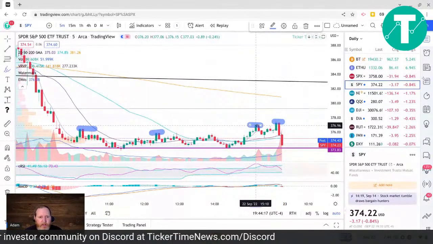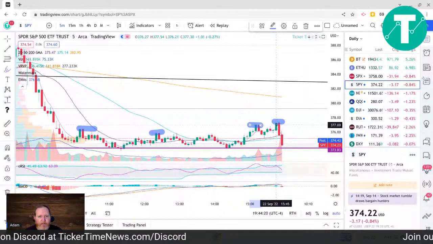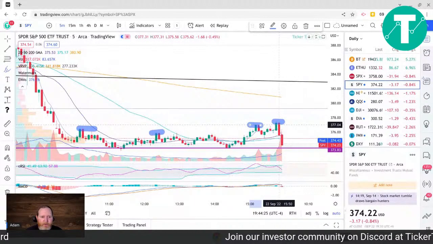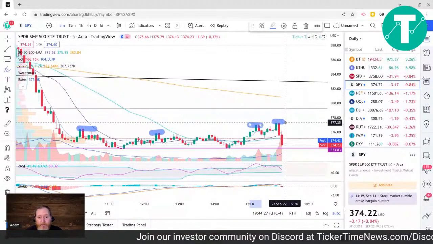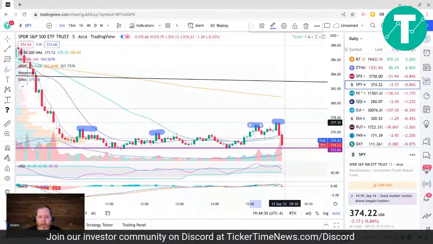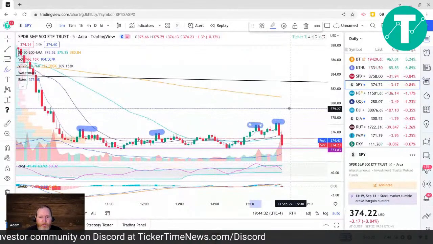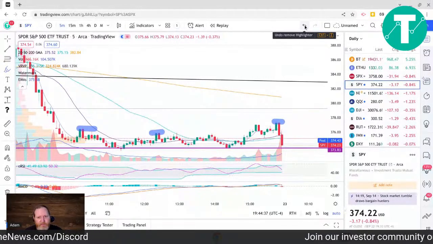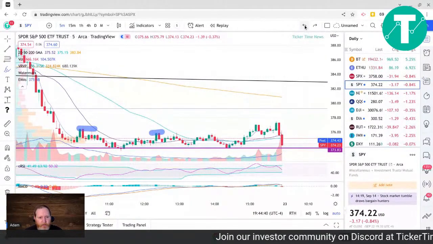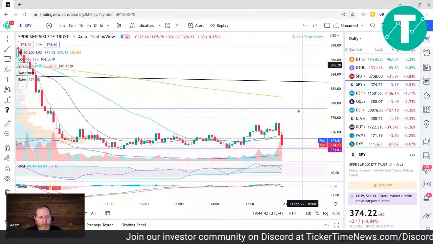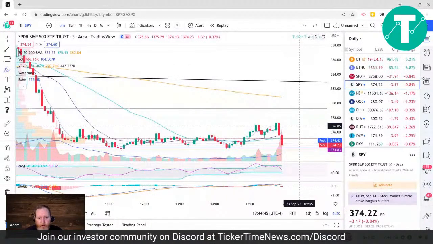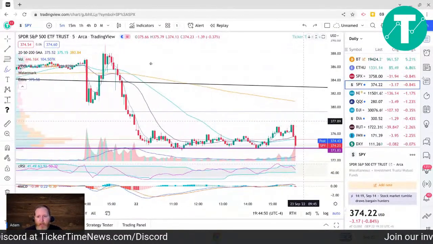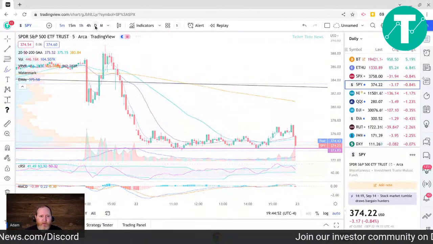This was 376 and 377. Getting above 380 here would be great. Psychologically, getting above 380 would be wonderful, because that's moving significantly from the 374 where we are right now, because we had pretty big selling into the close. Hopefully that doesn't continue into tomorrow, but it could. Let's just hold 370. Okay, go back to the daily view, and I want to go to the Qs.